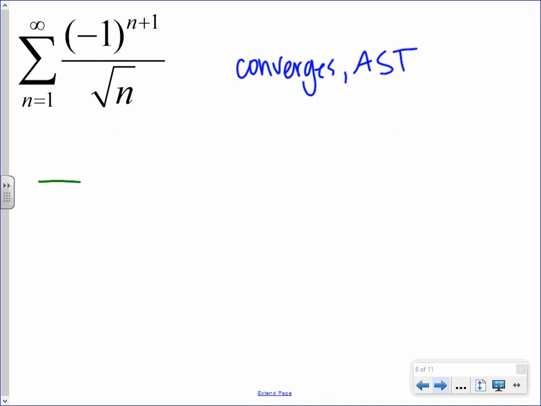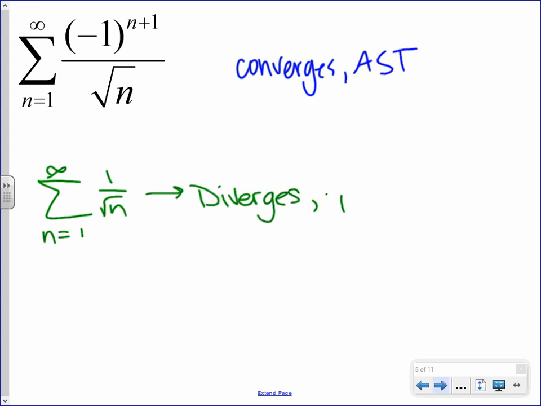Now, what do we know about this guy? Diverges based on which test? Okay. So this converges conditionally.